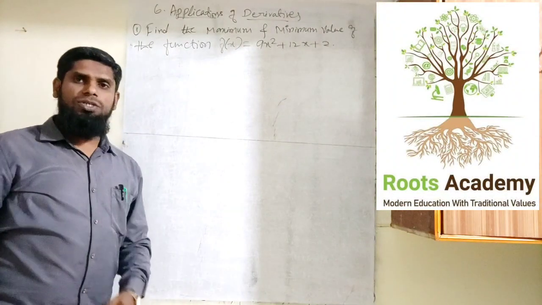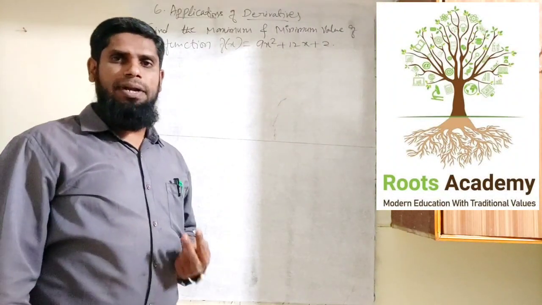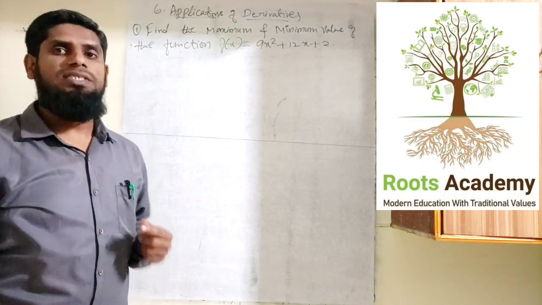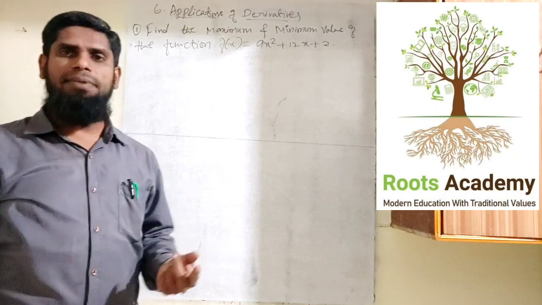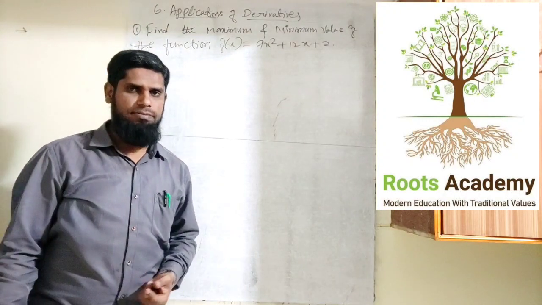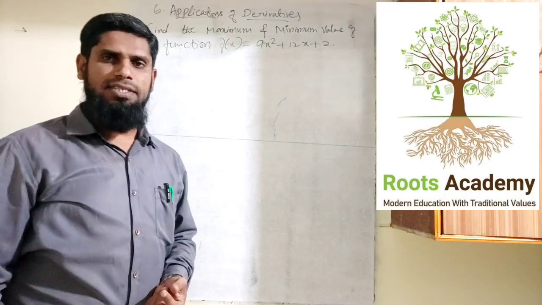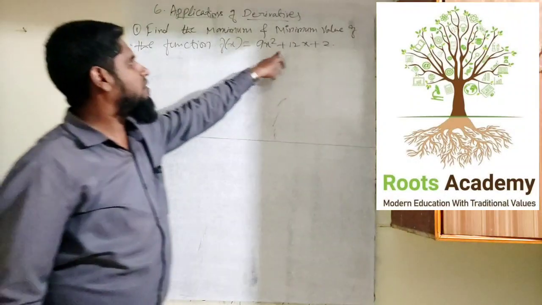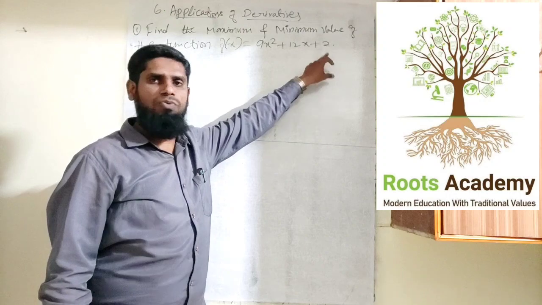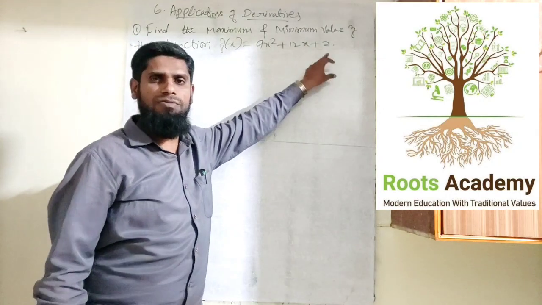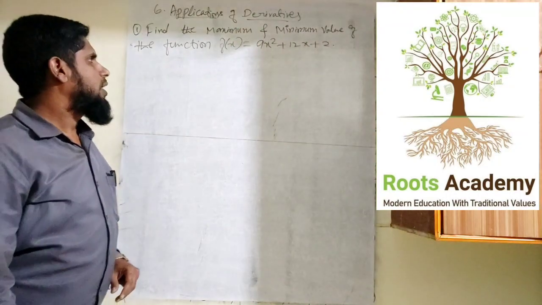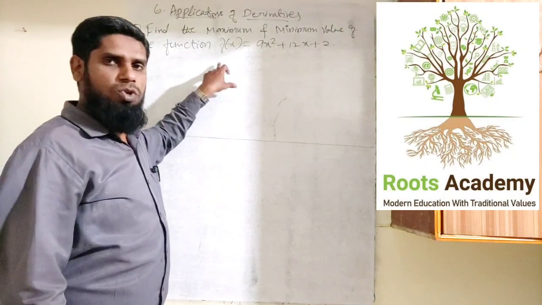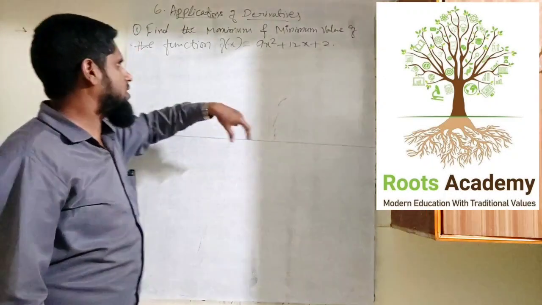And we know that there are two methods to find the maximum and minimum value of any function. The first method is the first derivative test. The second method is the second derivative test. What is the first derivative test? In this particular test, we will differentiate the given function with respect to x. Then we will consider the derivative to be 0 because the slope of the tangent is parallel to the x-axis.